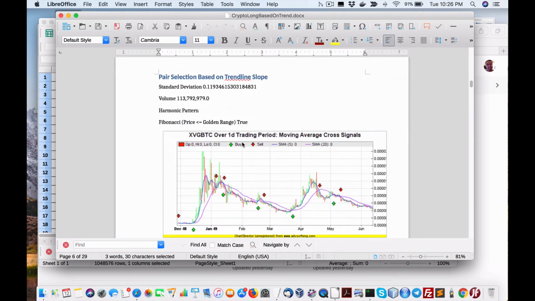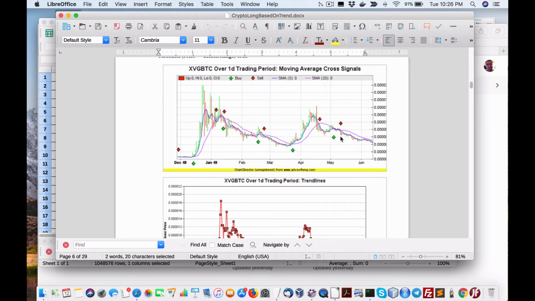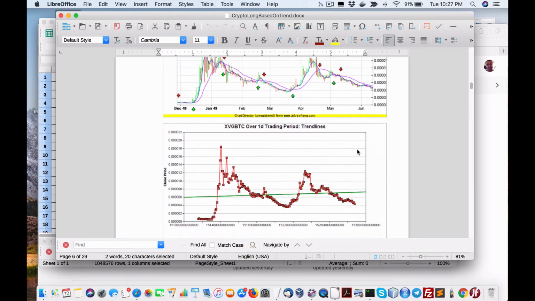Again, we have this one, XVG BTC. The volatility is much higher than the group. The volume's quite good. Again, we see that everything's tightening up on the moving averages, so there might be some potential turn here.